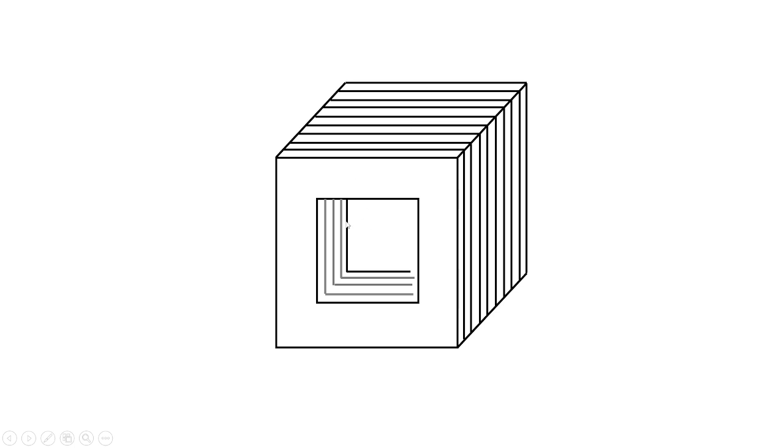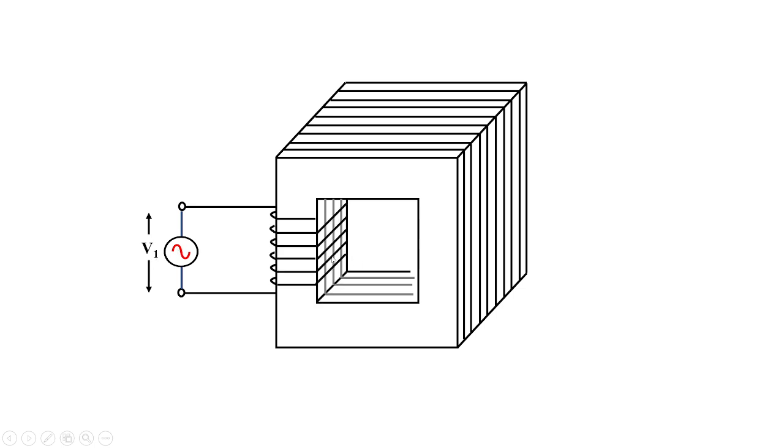In the outer one and the inner one you can see the directions, and V1 is the supply voltage which you're going to give as an input. Then the winding is formed on the primary side, and the current which flows here is I1, and it gives a voltage E1 in this N1 turns.